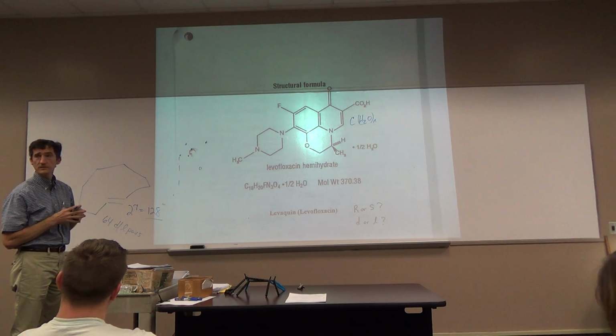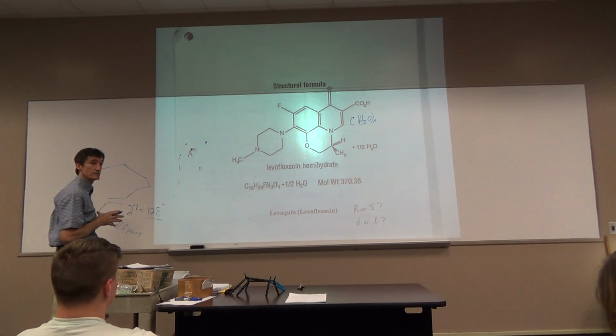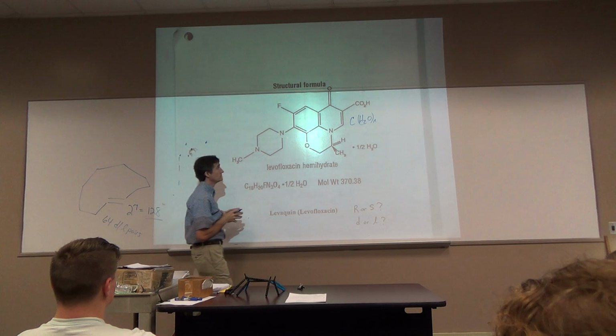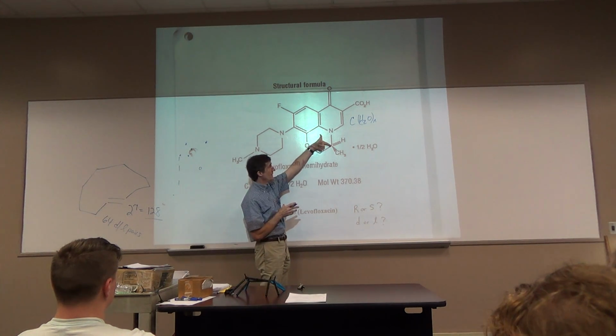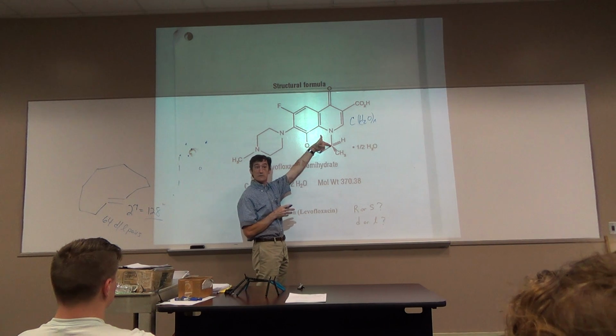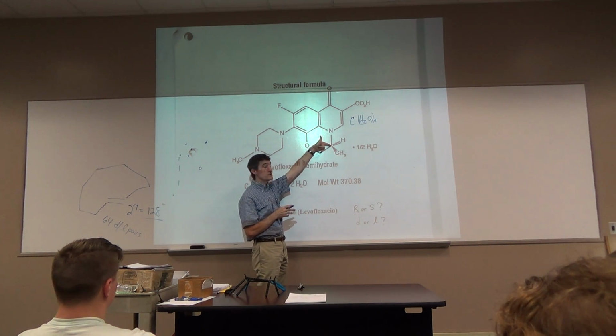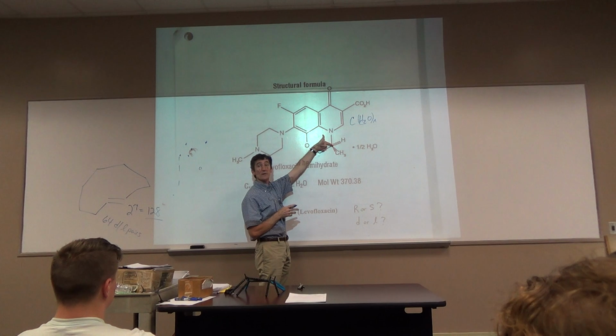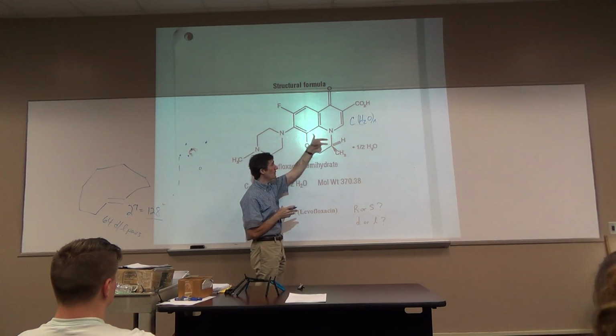How many carbons does it have? Just one, and it's right here. And it's shown in a very specific orientation, because if you take this drug, you get one very specific configuration. Is it R or S?